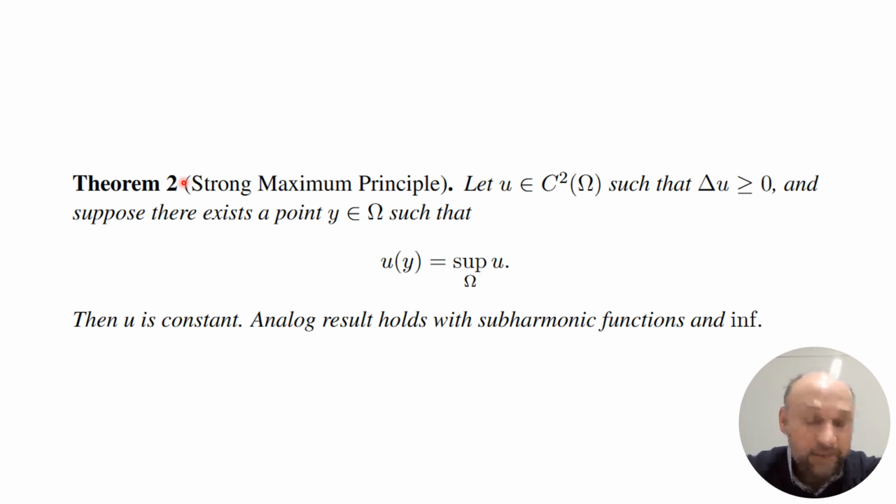All right, and theorem 1 is actually the main tool that is used to prove the strong maximum principle, which says that if a function satisfies Laplacian of u is non-negative, and if there's a point in omega such that u is supremum, then u must be constant.